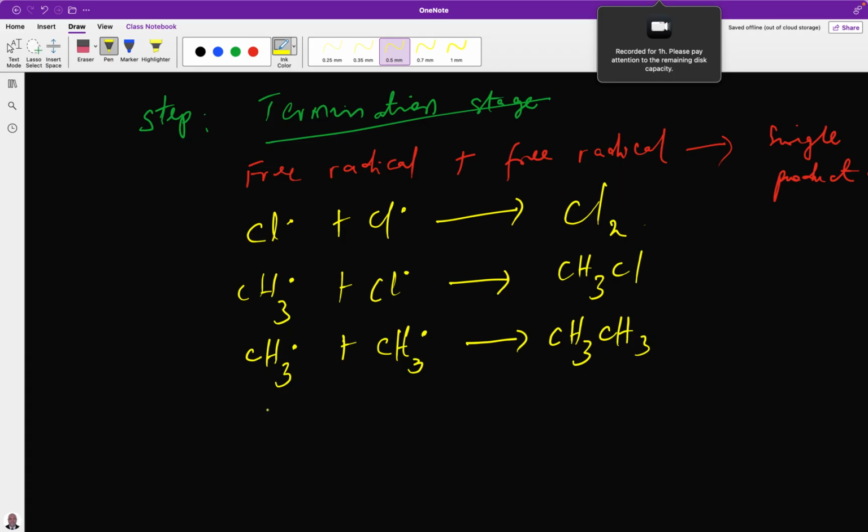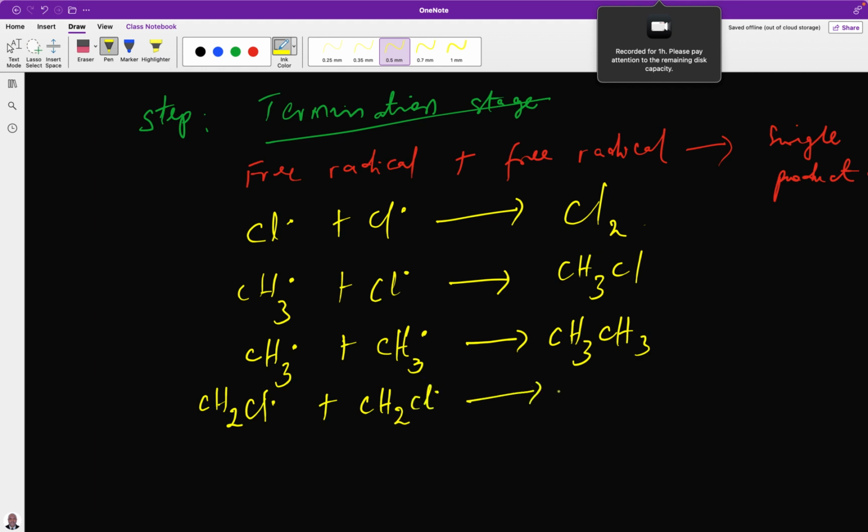Or you can have a molecule like this. You can have a free radical like this one, which will be a CH2Cl free radical plus a CH2Cl free radical.